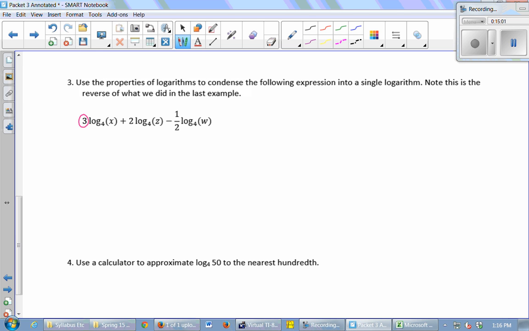So I'm going to take that 3, move it up. Take that 2, move it up. And take that 1/2 and move it up. So I'm going to have log base 4 of x cubed plus log base 4 of z squared minus log base 4 of w to the 1/2.